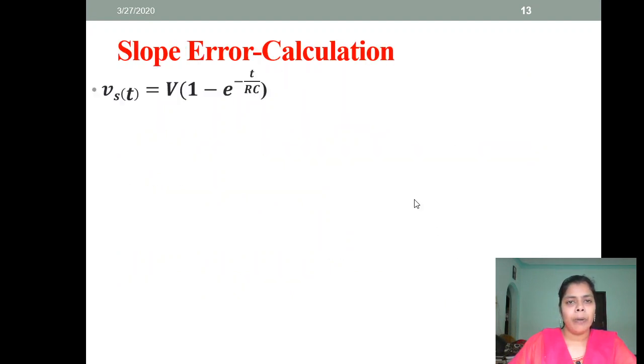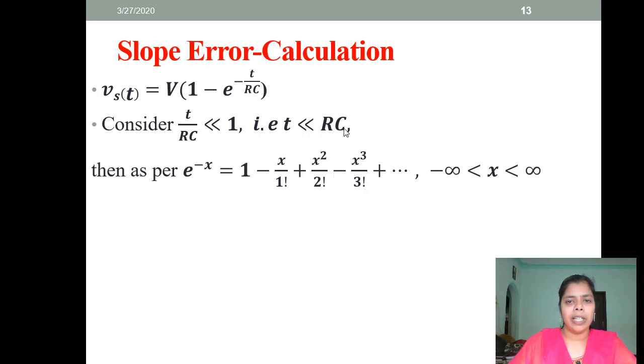We will see the slope error calculation for an exponential sweep circuit. From the exponential sweep circuit, the generated signal is Vs of t, which is equal to V into 1 minus e power minus t by Rc. Here we are considering the signal to be linear, so t by Rc should be very less than 1. If t by Rc is very less than 1, t is very less than Rc.